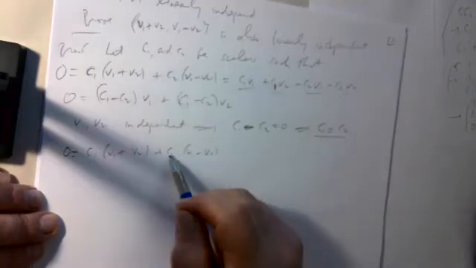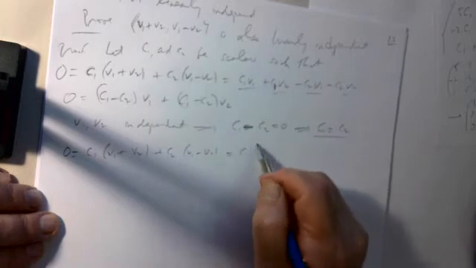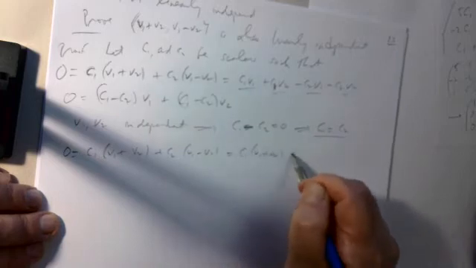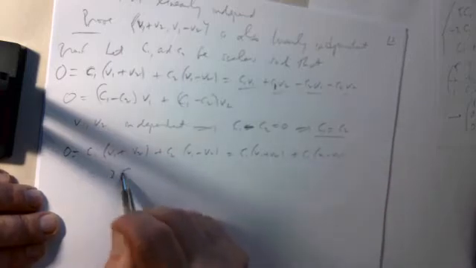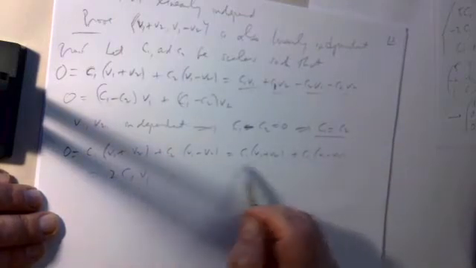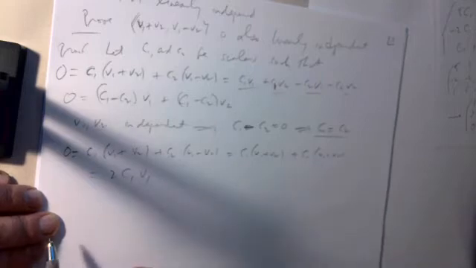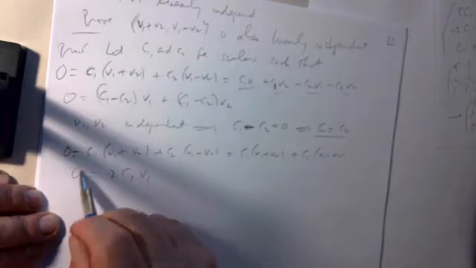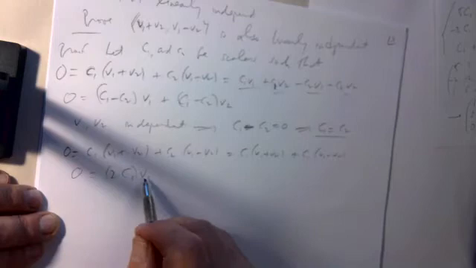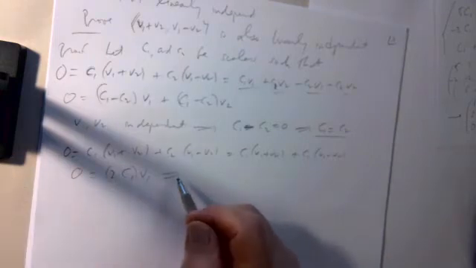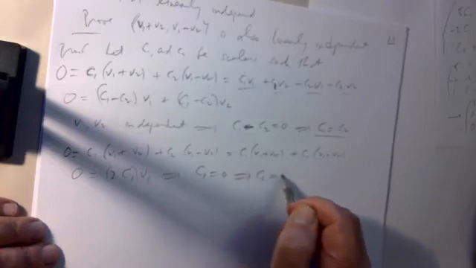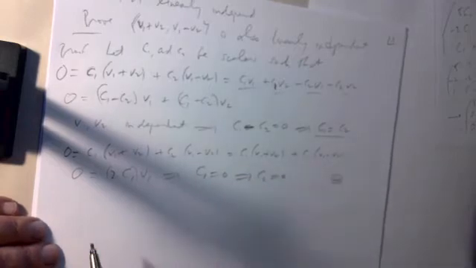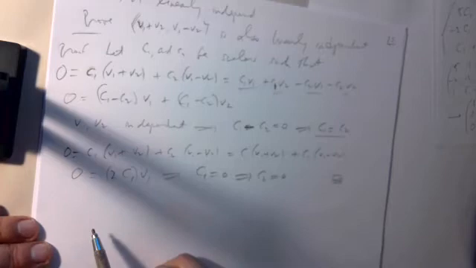But if C1 equals C2, this is 2C1 V1, and C1 V2 minus C1 V2 cancels. So if 2C1 times this vector is 0, C1 is 0, so C2 is 0. And that's the proof.